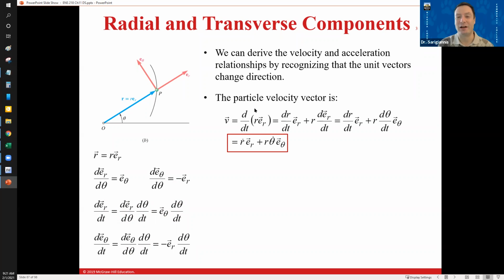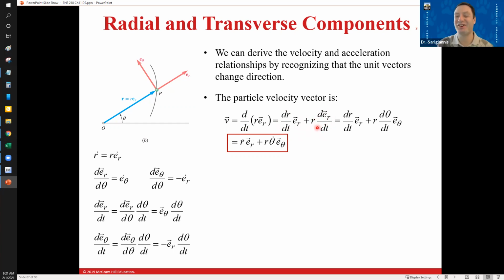So let's look at the particle vector. This is very detailed on how you do this. The velocity is just d/dt of r e_r. You split the variables.